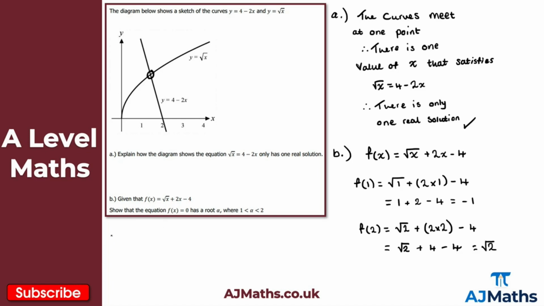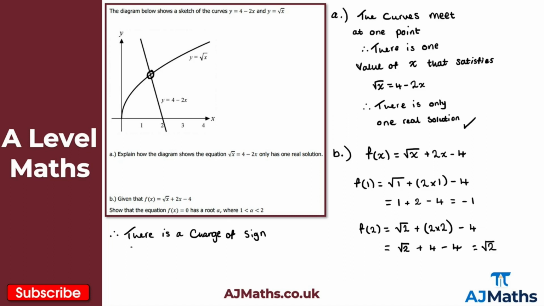So let me just make a note of this here over to the left. There is a change of sign. And in this case here, this shows us then that there is a root alpha between x equals 1 and x equals 2.